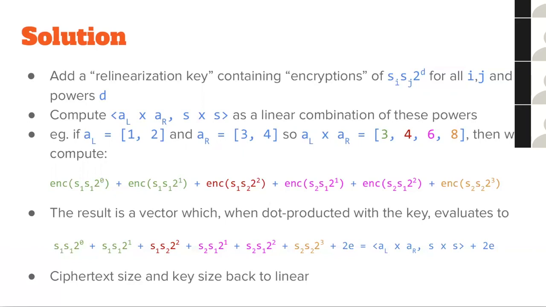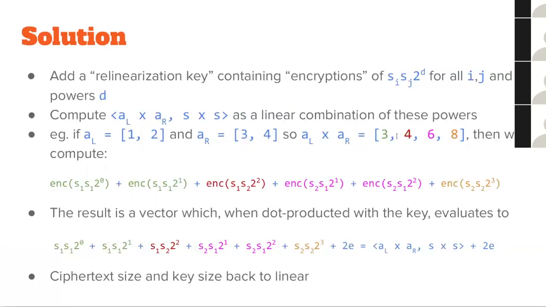It just solves the problem of taking a ciphertext under the key S times S, or S exterior product S, and turning it into an encryption under S. The relinearization key is going to contain encryptions of S_i S_j times 2 to the D. It's going to contain basically S_i S_j for all i and j, so all elements of S exterior product S.